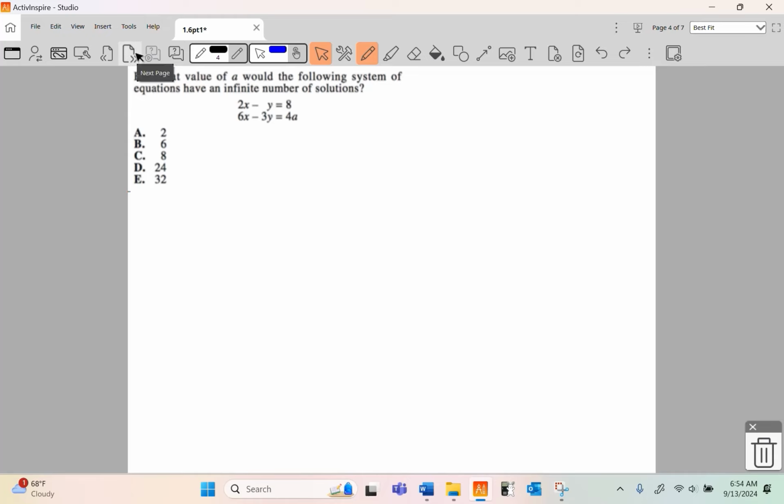ACT style question about these. For what value of a would the following system of equations have an infinite number of solutions? They will have the same number of solutions. So that infinite number there. This happens if both equations are the same.